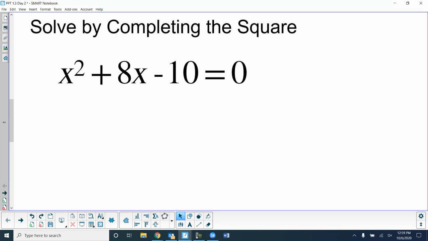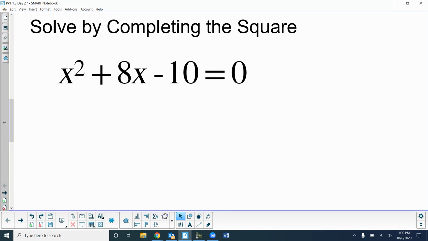All right, completing the square. What must be true? What's the first thing we got to make sure before we can complete the square? You got your notes from yesterday? Did you write down what I wrote down up in the corner?